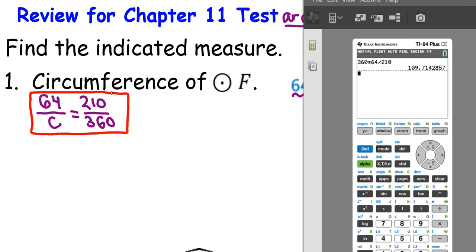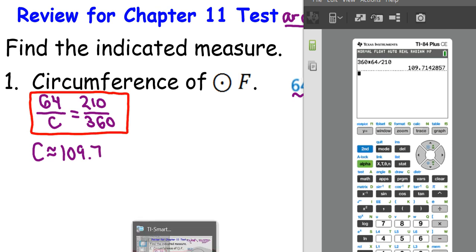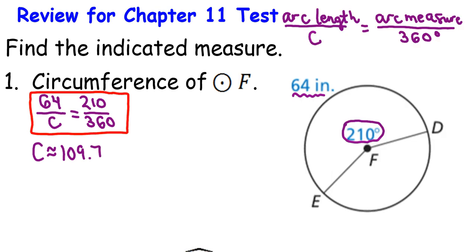And your answer there for C is approximately, we'll round to one decimal place throughout this worksheet, 109.7. And the right label on that would be inches, since it's a linear measurement.